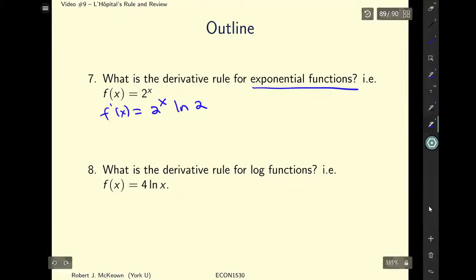So if we've got big F of x is equal to a to the x, then big F prime of x, the derivative of big F, is going to be equal to a to the x multiplied by log a.